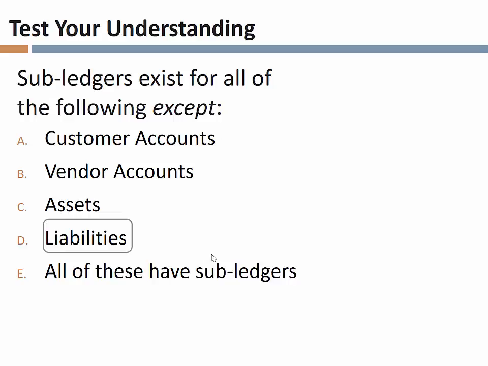We do not have subledgers for liabilities, but we absolutely must have them for customer and vendor accounts, and it is very typical for them to exist for assets as well, but we don't have subledgers for liabilities. There's just really not that much in the way of detail that we would need to record against a liability. We perhaps have monthly or periodic payments against a liability, but it's not like a customer or vendor account that is going to generate the kind of ongoing traffic.